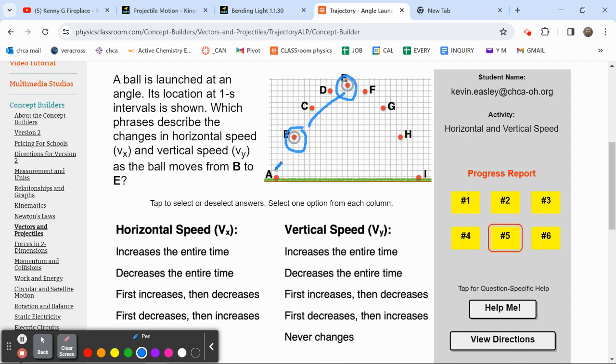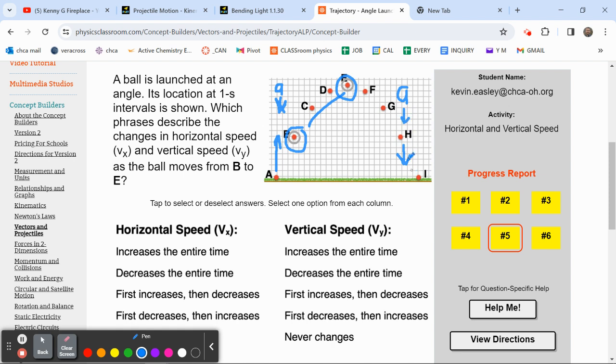on the vertical, it starts out with some kind of velocity, but the whole time it's moving vertically, acceleration from gravity is acting downward on it. So it's actually slowing down the whole time it's moving upwards. Once it gets up to the top and starts coming back down, it's moving downward, and acceleration due to gravity is still pushing on it.